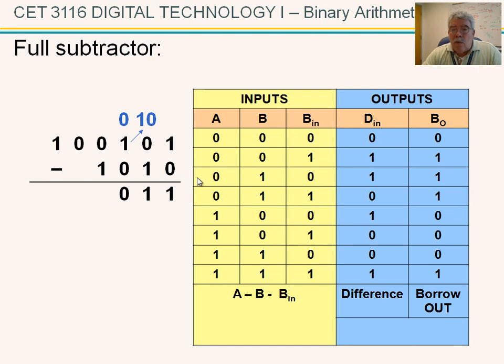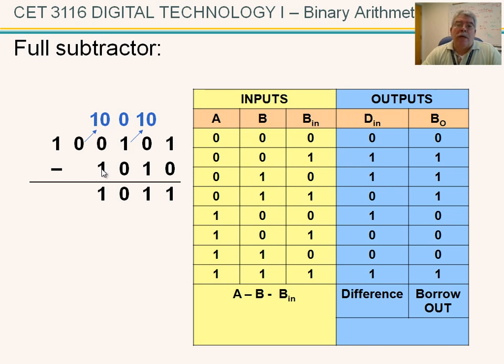Now 0 1, I have nothing like a borrow in, so this should be the situation, and then I have 1, right, with a borrow, and the borrow is signified like that. So that means that I pass 1 here. That's 1 converted into 2.